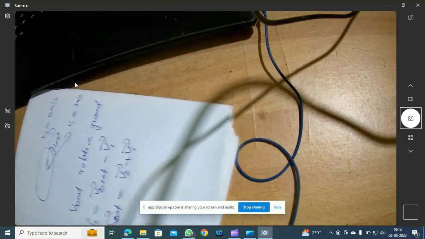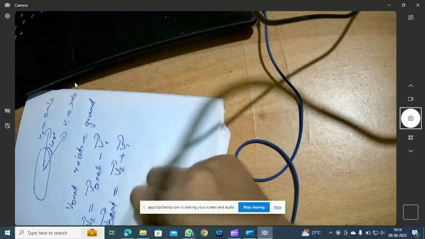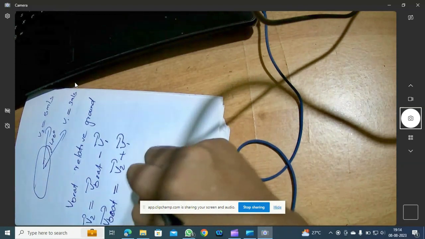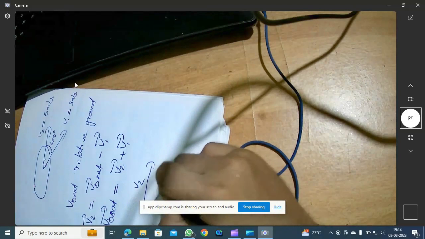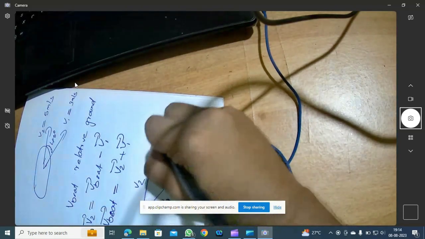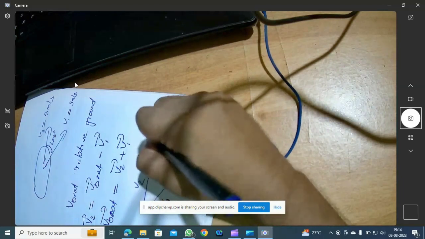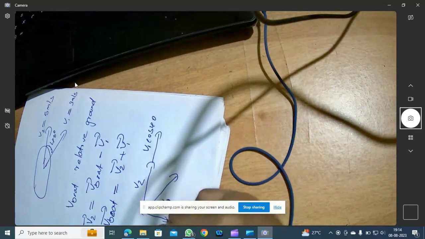Okay, so we can draw this as: this is V2, 5 meter per second, this is V1, 3 meter per second. Then let's resolve V1. If you resolve it, there will be a component V1 cos 40, and another component V1 sin 40.